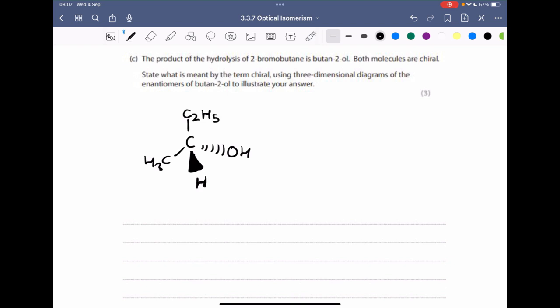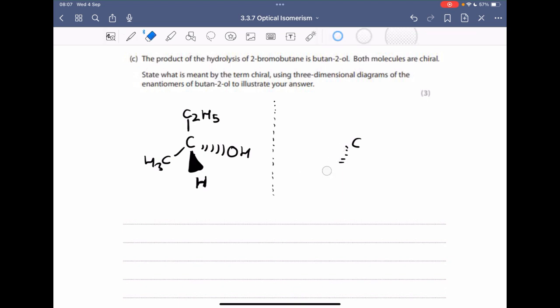Now to draw the enantiomer, okay, I'm going to do a mirror line, and then I'm just going to draw the mirror image, okay? OH. Okay, actually, you know what?